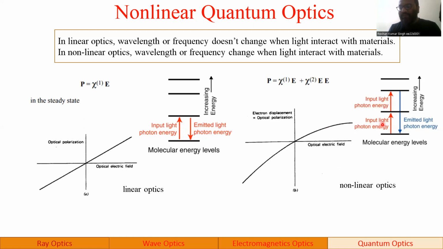But in non-linear optics, it absorbs one wavelength and emits a different wavelength. Non-linear optics can be used for second harmonic generation and third harmonic generation. It is also used for three or four wave mixing, in which we can generate entanglement.